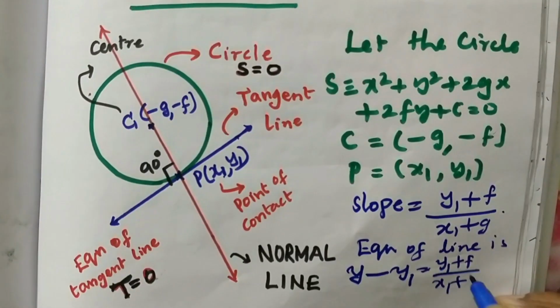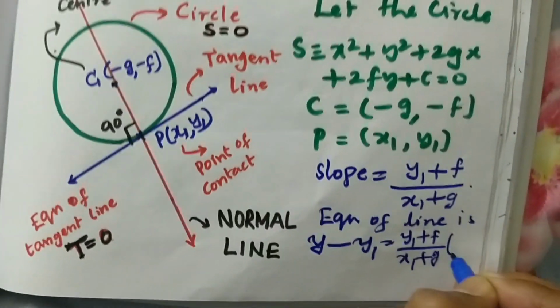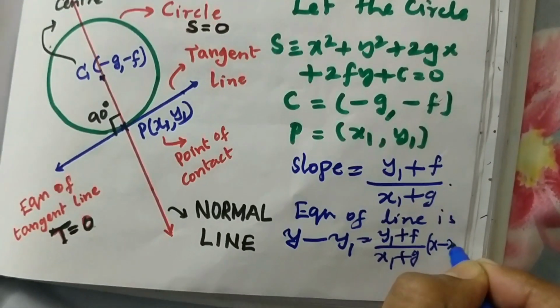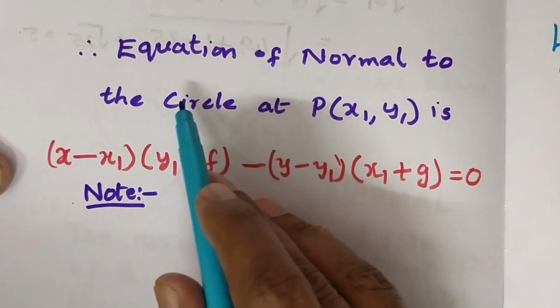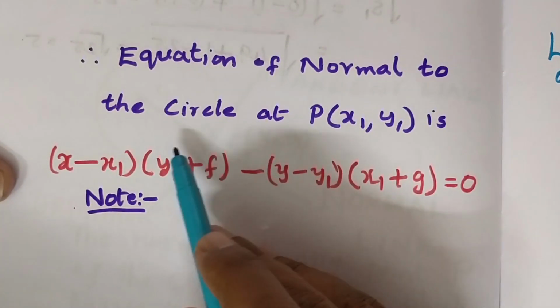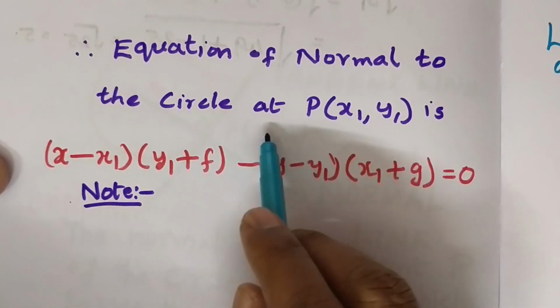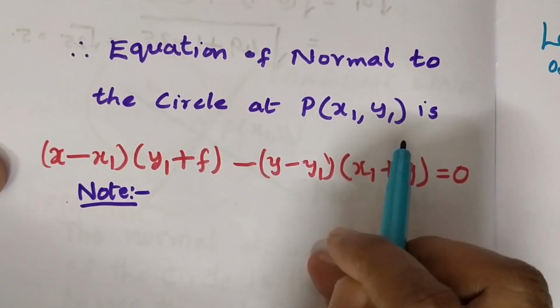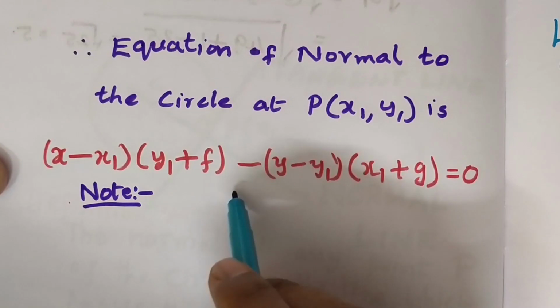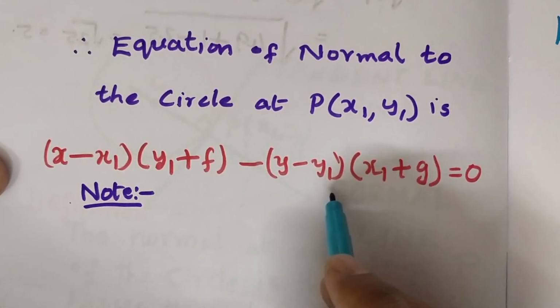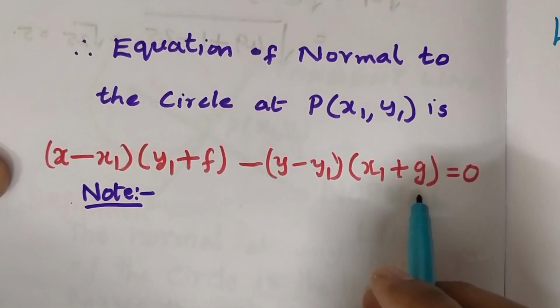So the equation of normal to the circle S is equal to 0 at P(x1, y1) is (x minus x1) into (y1 plus f) minus (y minus y1) into (x1 plus g) is equal to 0.